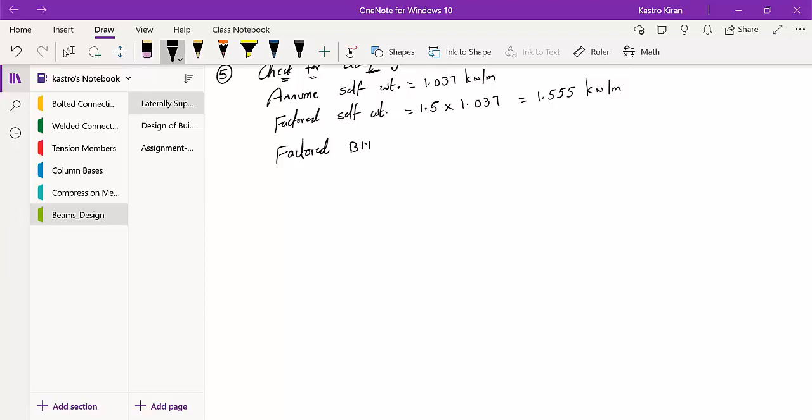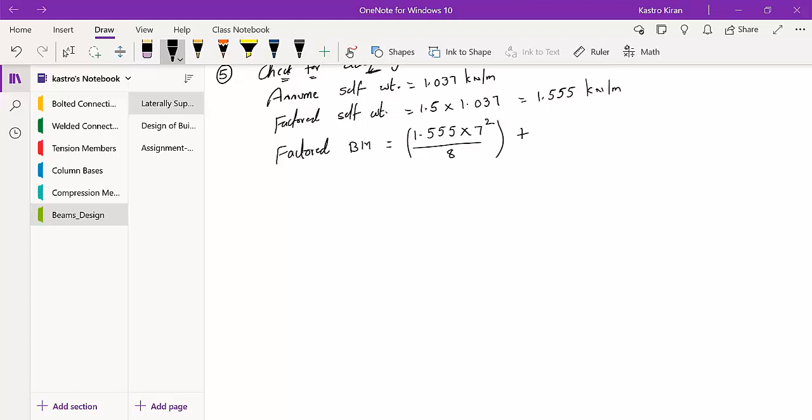Remember, the factored bending moment caused by the self-weight. So how do you solve this? You know the formula, that is WL squared by 8. You know the value of W, which is 1.555, into L squared, the span, which is 7 squared, upon 8. Okay, this is just for self-weight. This entire term is for self-weight.